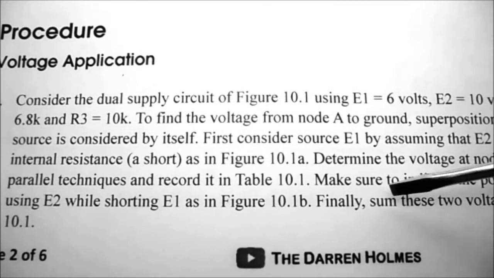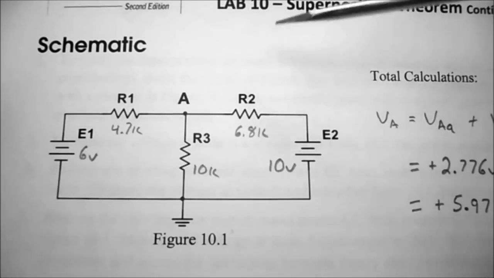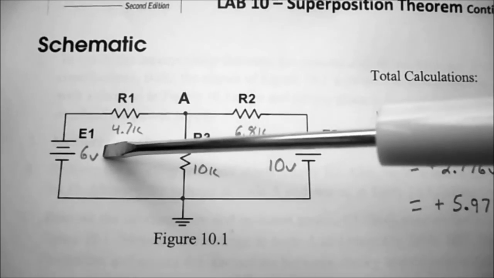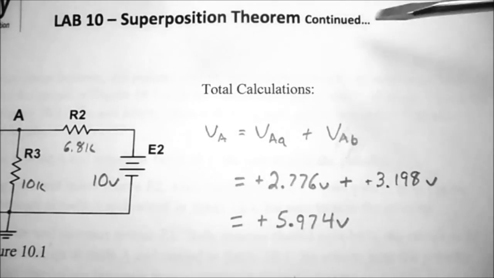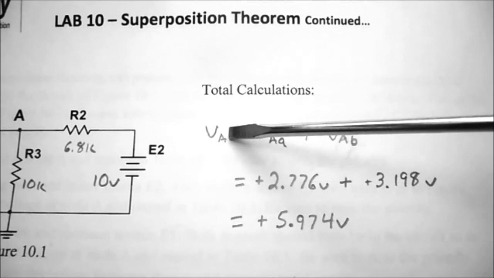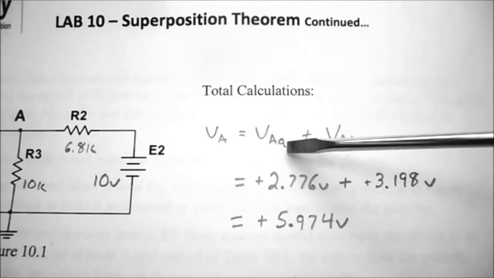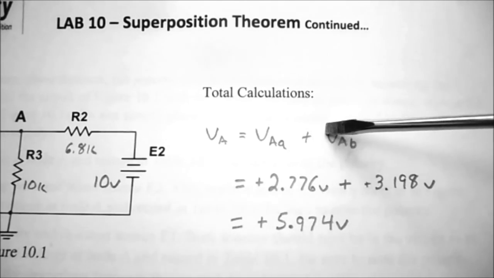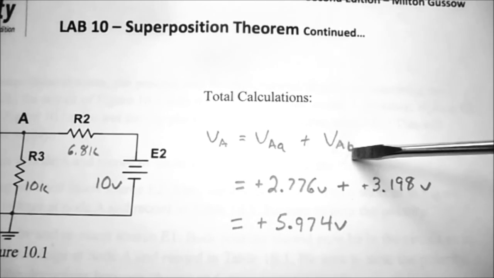Now finally, we're to sum these two voltages and record the results in table 10.1. So going back up to figure 10.1, where E1 is 6 volts and E2 is 10 volts, they're telling us that the voltage at point A is equal to the voltage at point A in circuit A with E2 shorted, plus the voltage at point A in circuit B with E1 shorted.